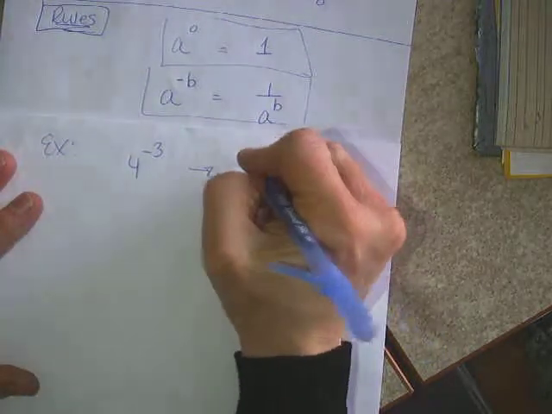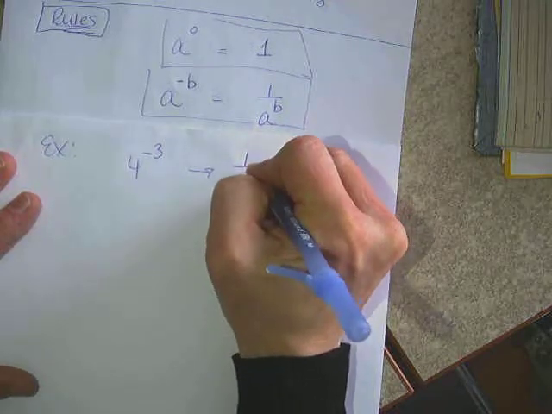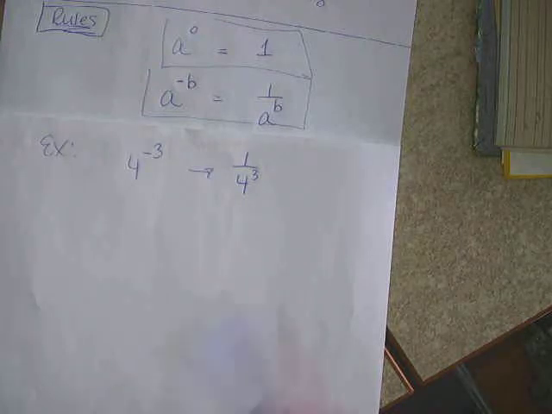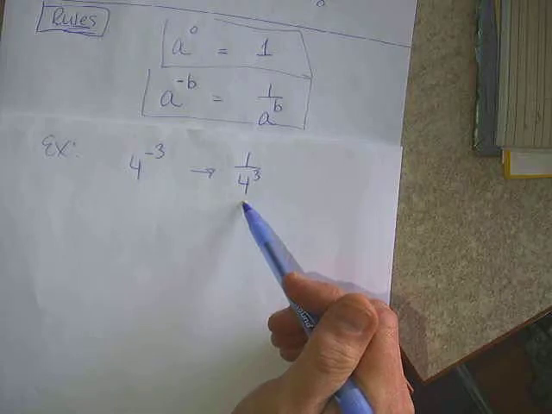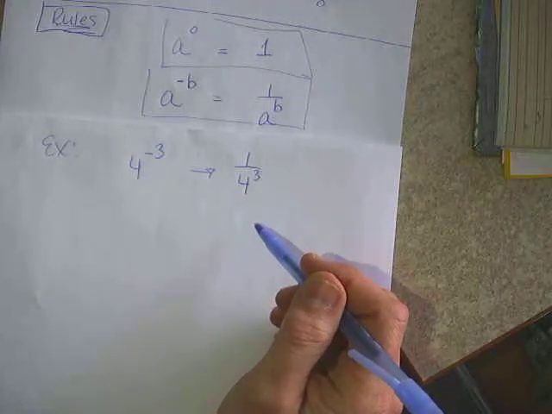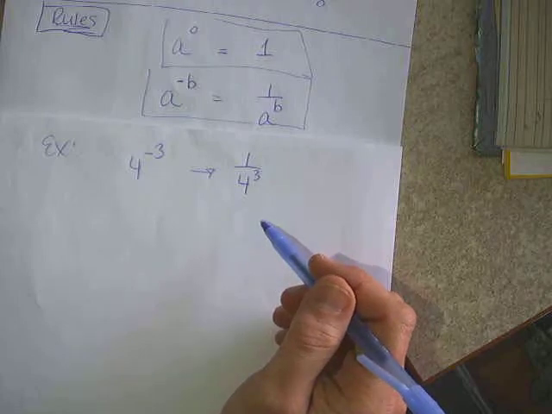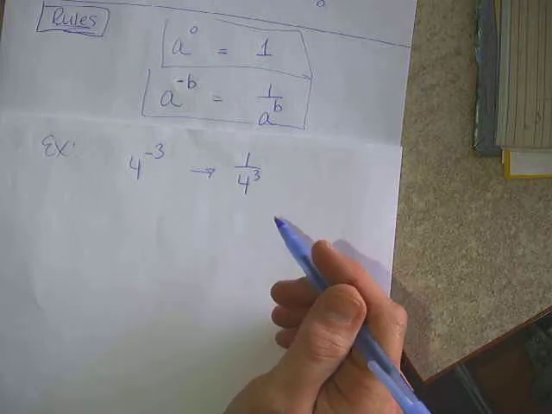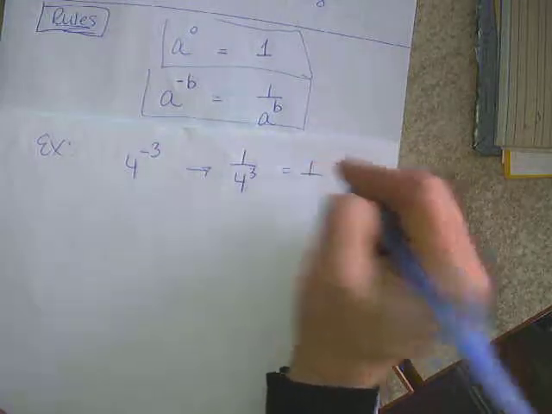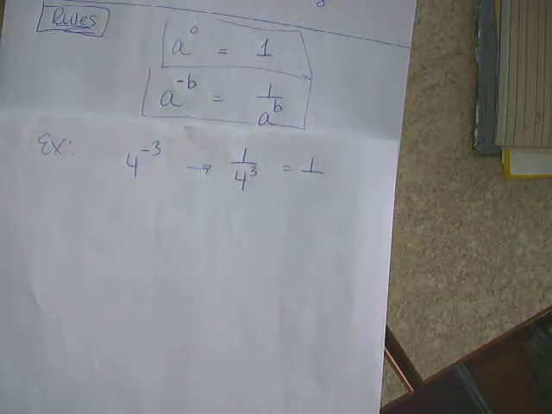We do not evaluate with a negative exponent, ever. You get rid of the negative first, so we apply the first rule and say 4 to the negative third is the same as 1 over 4 to the third. And then, a general rule of thumb, if it's small enough that you could easily do 4 to the third, then we do 4 to the third.